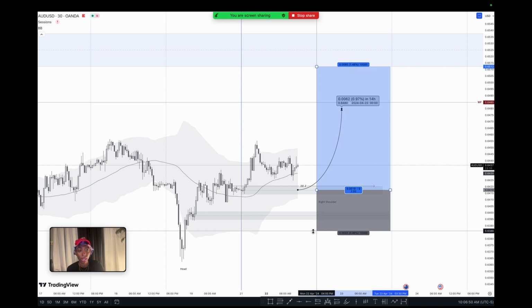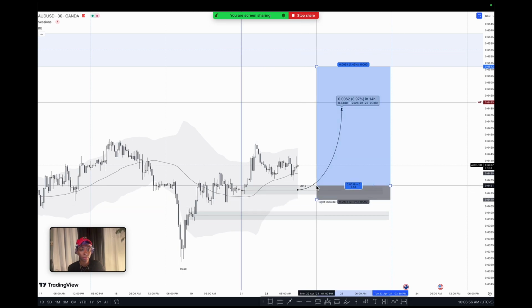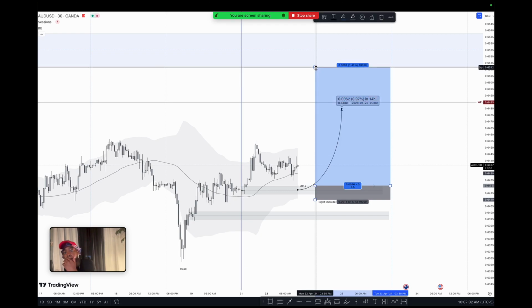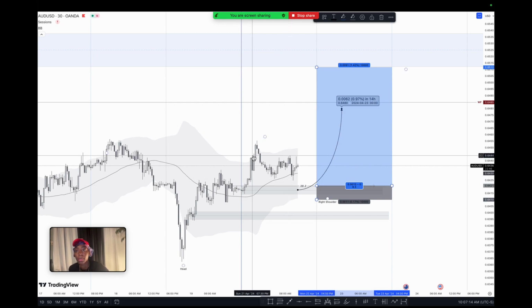It doesn't have to be all the way down here. It can be below these lows, like I said, even below the point of interest, right at the 38.2. Then target one, of course, up here, and then you can extend it to the next one. Depending on how you manage your trades, you can take partials, you can hold them, stop loss and profit, break even, whatever. It just depends on how you specifically trade and manage your trades.